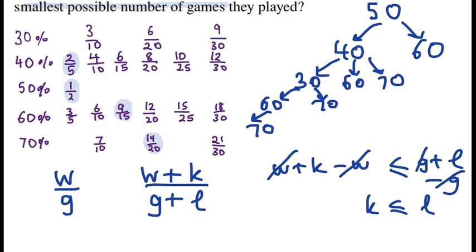So, what do we conclude from this avenue? Well, we've ended up at 21 over 30. 21 wins out of 30 games played. So the smallest possible number of games, when we go down this route, will be 30, the denominator.